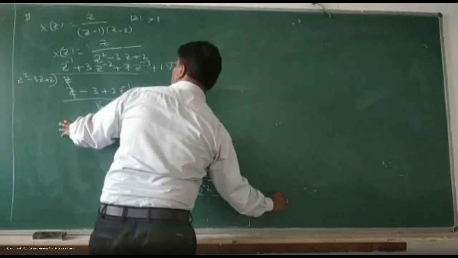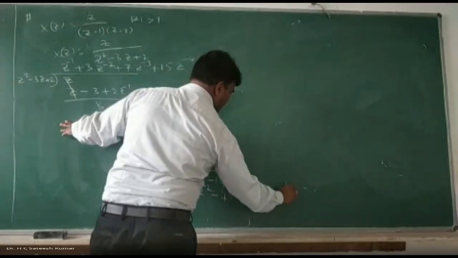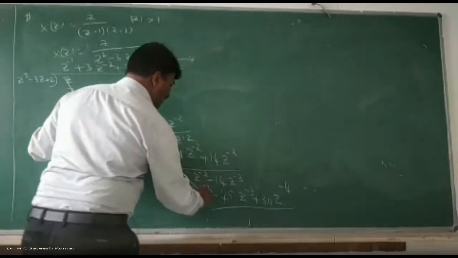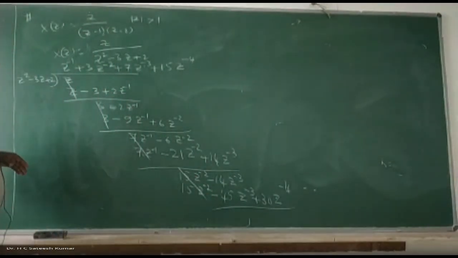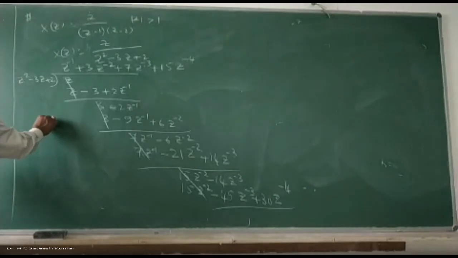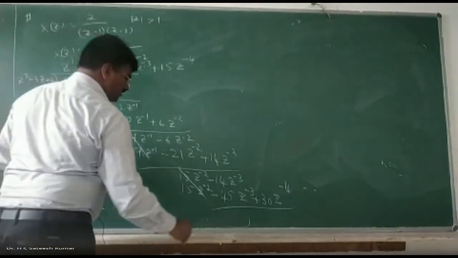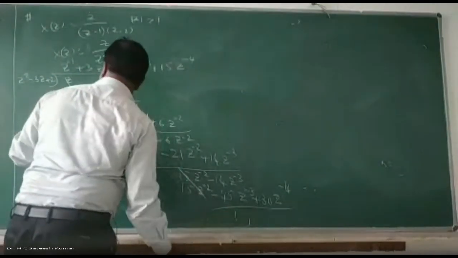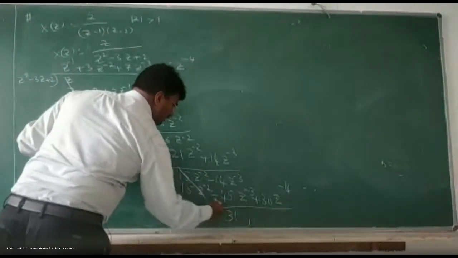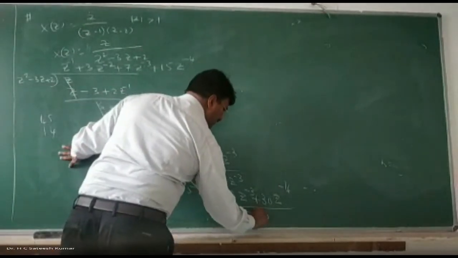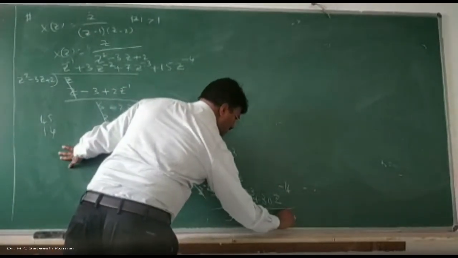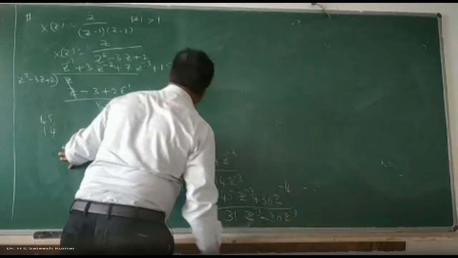Z to the power of minus 4. Okay, right. 45 minus 14 is what? 5 minus 4 is 1 and 31. 31 z to the power of minus 3 minus 30 z to the power of minus 4.